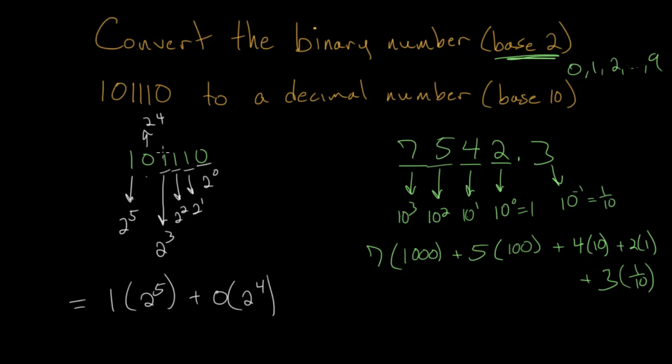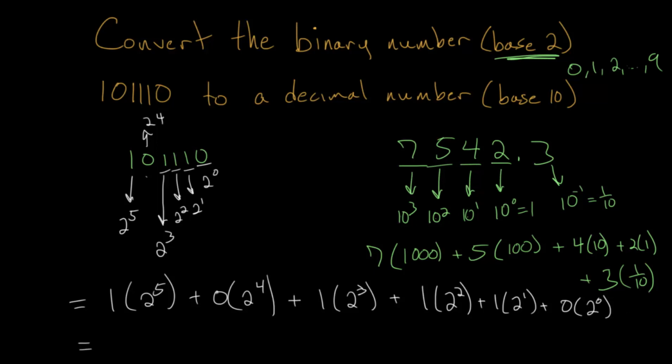And then we add this next place. We have a 1 multiplied by 2 to the third power. Then we have a 1 multiplied by 2 squared. We have a 1 multiplied by 2 to the first. And we have a 0, which is in the ones place, that 2 to the 0 place. And we can right away notice that these will return nothing since we're multiplying it by 0.